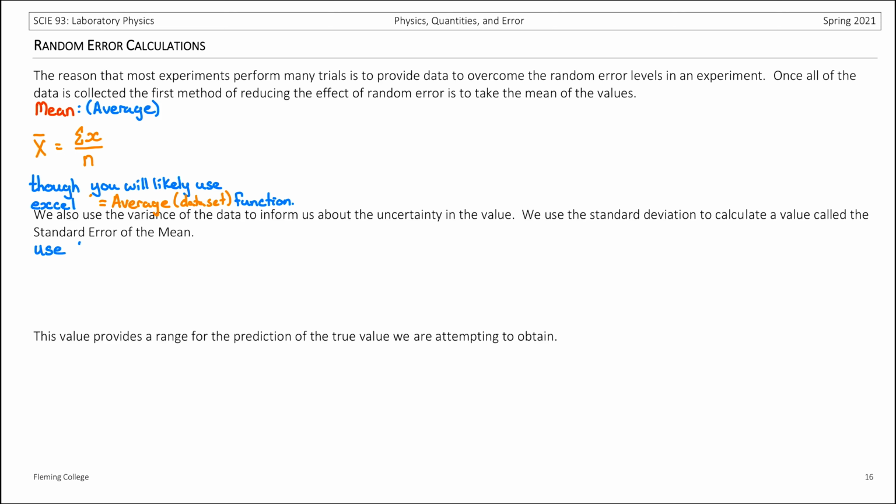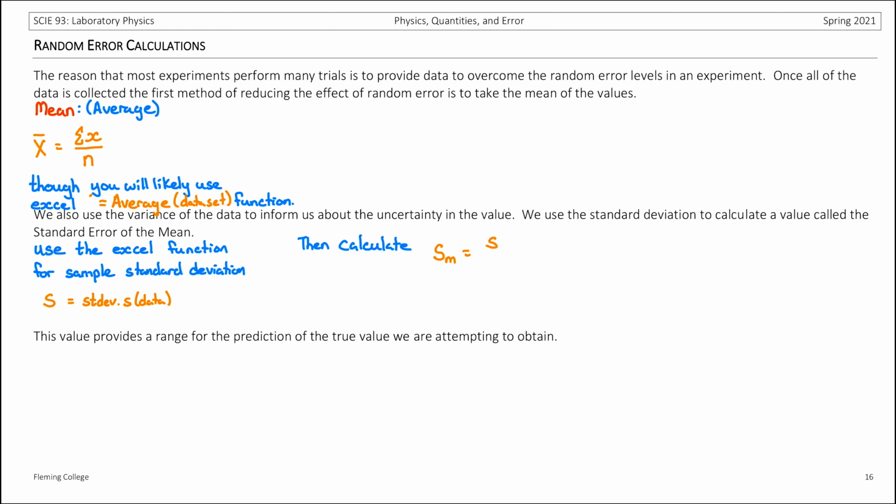We also use the variance of the data set to inform us about the uncertainty in our calculated value. So we use the standard deviation, which again, you would calculate using the sample standard deviation function in Excel, and then calculate something called the standard error of the mean. So this would be S subscript m, and it's calculated by taking the standard deviation and dividing it by the square root of the number of measurements taken.